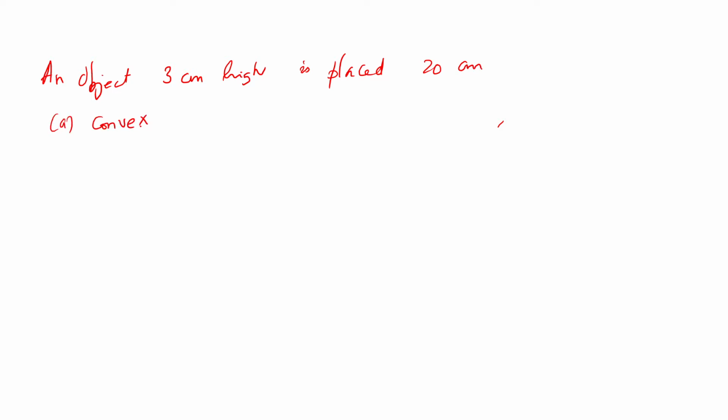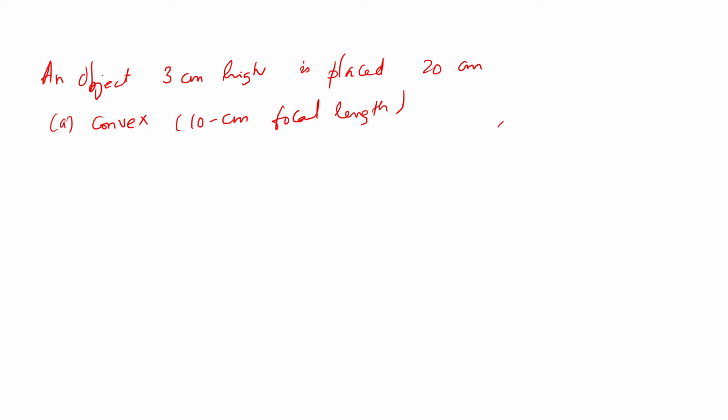Sorry, not a convex lens, but a convex mirror, which has a 10 centimeter focal length. So we have a 10 centimeter focal length for the convex mirror, and we are given that the object is 3 centimeters high and is placed 20 centimeters away. What we have to do is determine the position and the nature of the image, right?